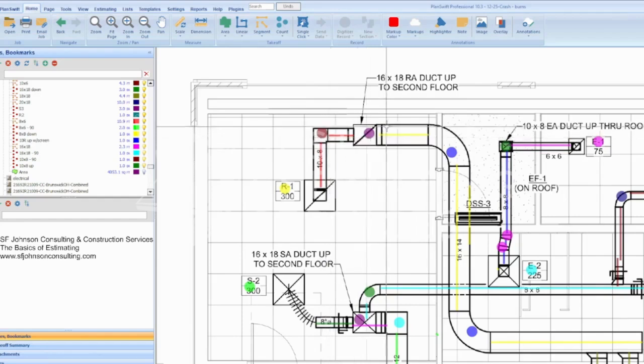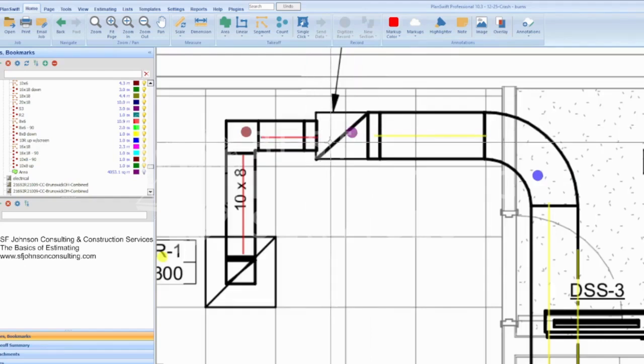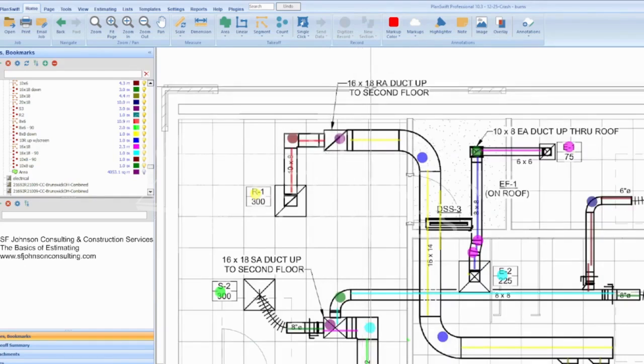Okay, and then right here is a 16 by 18 return grill, and with the duct up to the second floor. Okay, so what would we do here? We'd have a 16 by 18 90-degree angle. This is what I do because we have to go up, right?